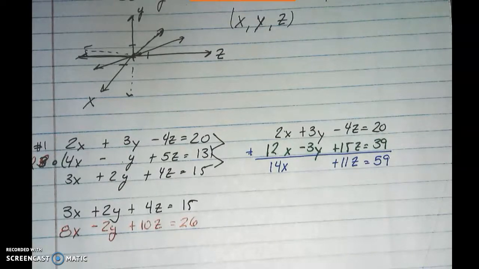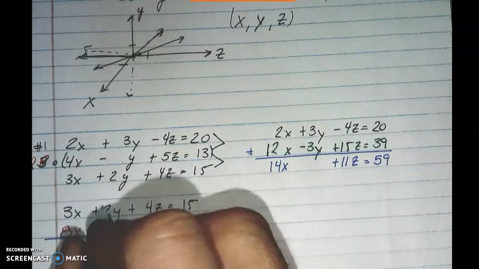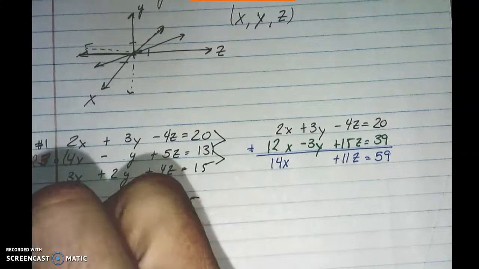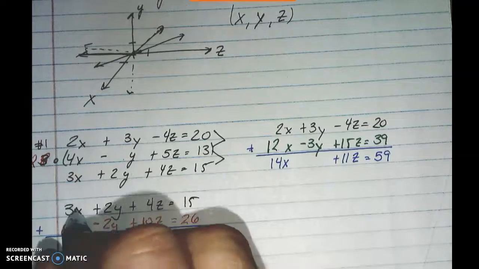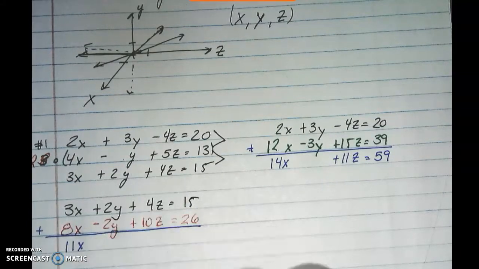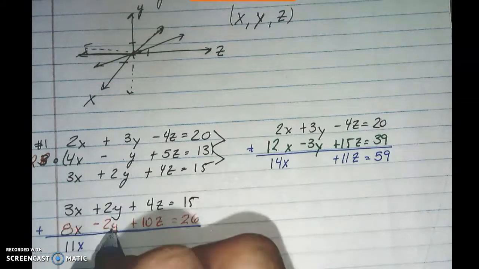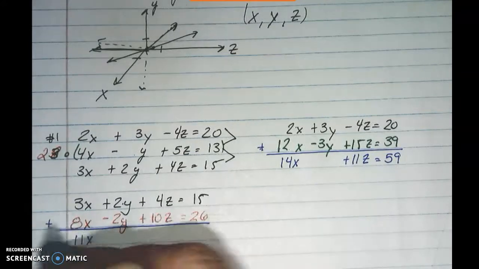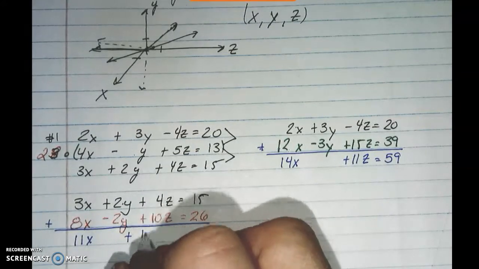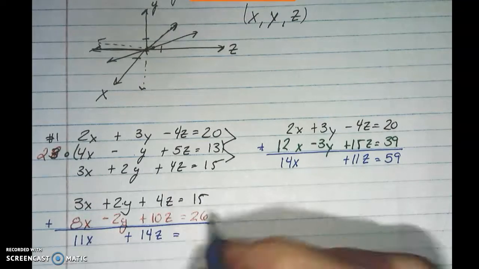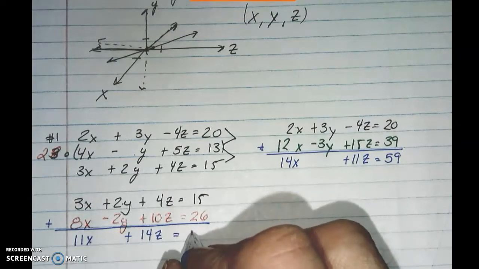Good. Okay, good. All right, now signs are opposite, so should I add or subtract? Add. Nice. Okay, so 3x plus 8x, 11x, 2y plus negative 2y, 0. 4z plus 10z, I get 14z. 15 plus 26, 41.